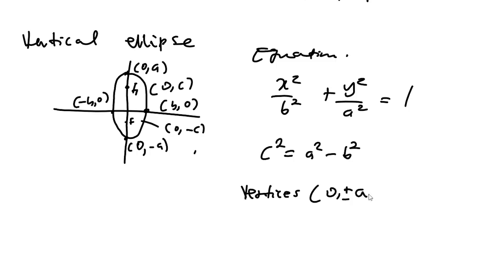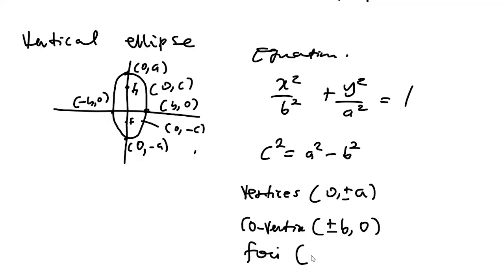Plus or minus a. Then we have our co-vertex being plus or minus b, 0. Then our foci will be 0 plus or minus what?